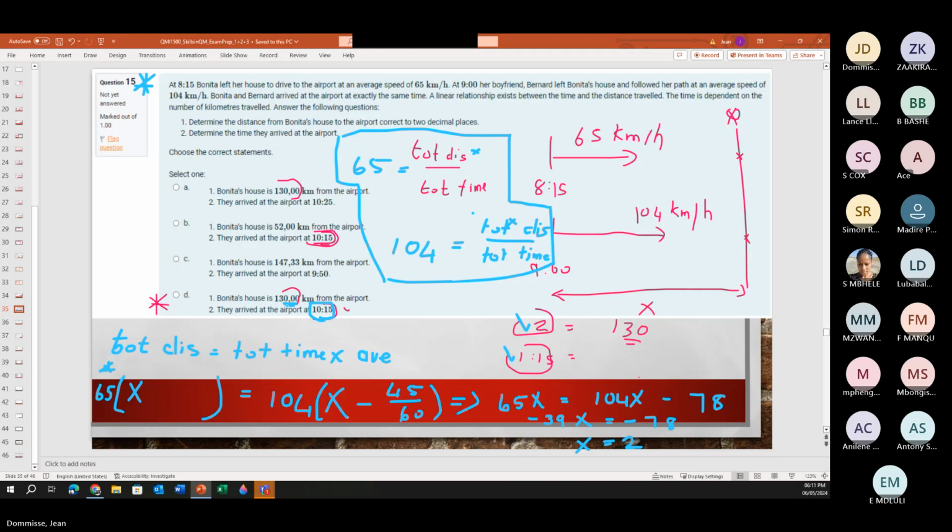So the one thing that we needed to know from this one is what average speed actually means, which is total distance divided by total time. And then with that in mind, we create these two formulas that we can put into a system of linear equations.